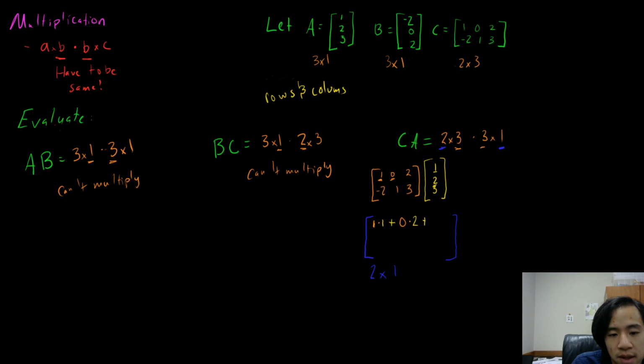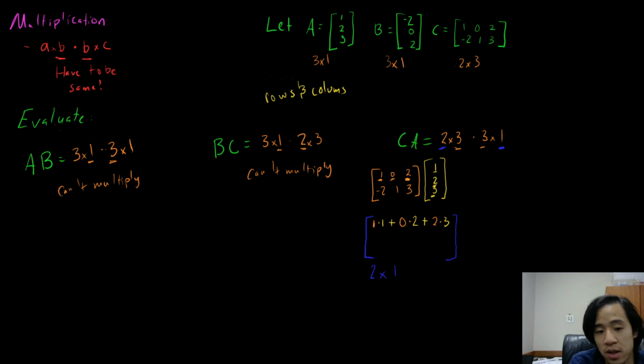And then you're going to add this to 2 times 3. And that is going to be your first entry in the matrix.